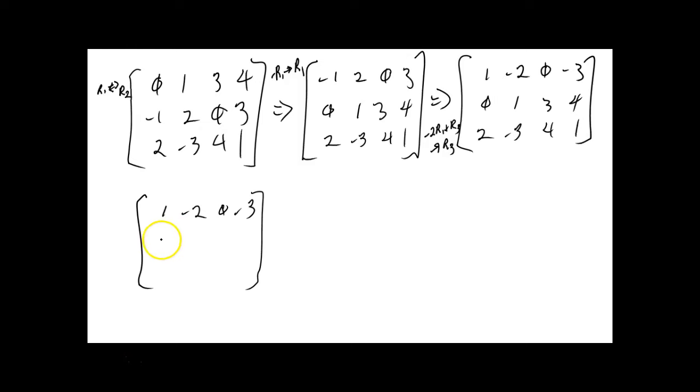We're not doing anything in row 2, it's like we wanted it: 0, 1, 3, 4. That's our new row 2. Now let's operate on that third row, and what do we get using that rule? 0, 1, 4, 7.